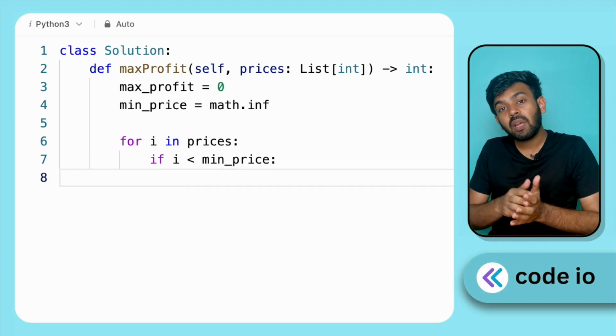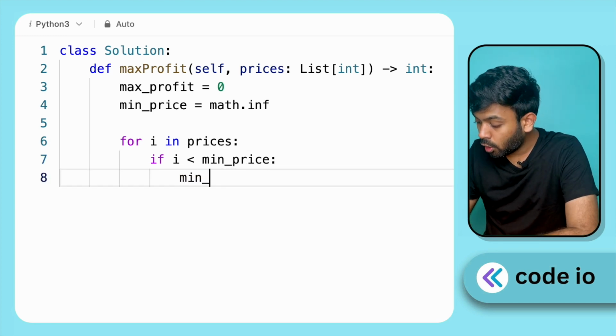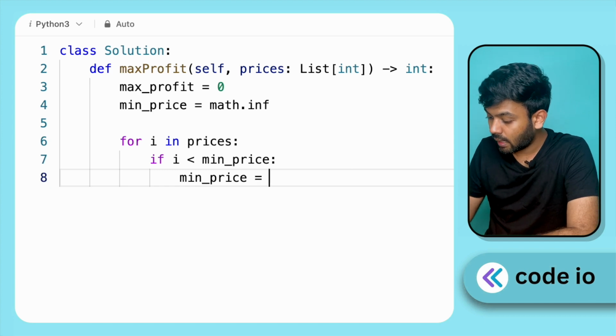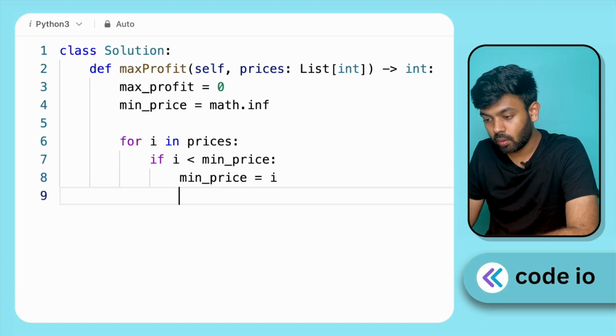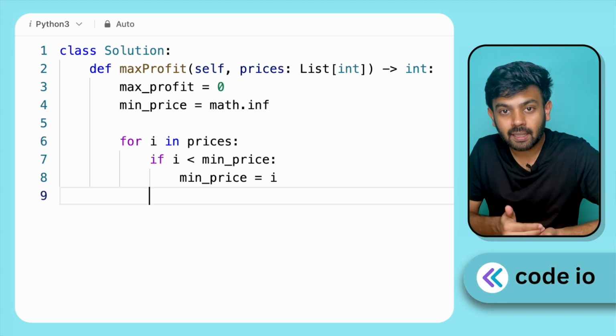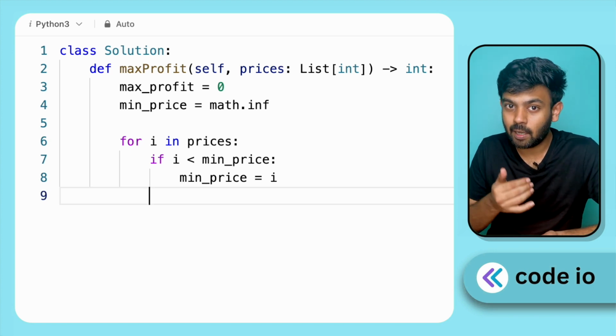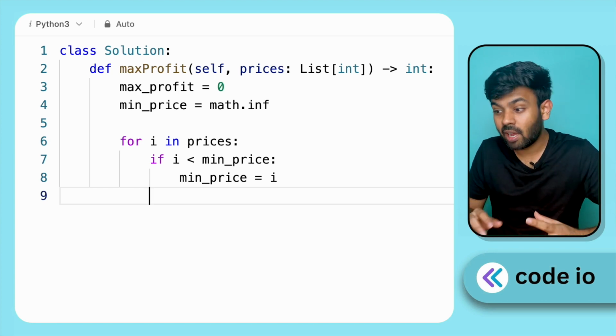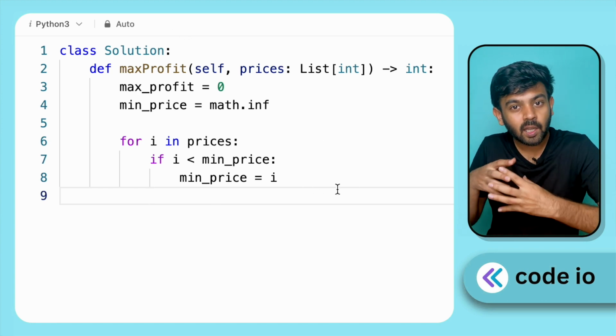If your current price is less than your min price, you're going to update your min price to your current price. Now your current price and min price are the same values. We have just assigned it as equal, right?